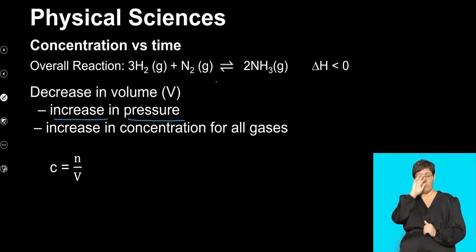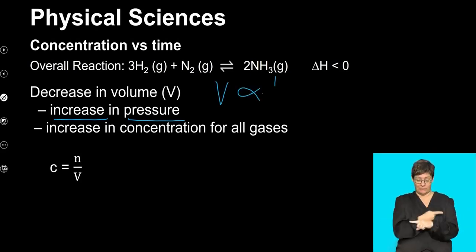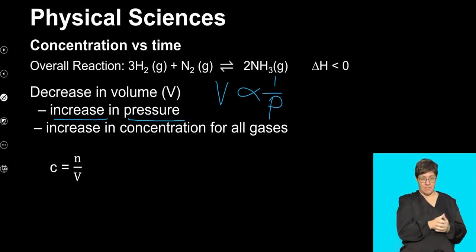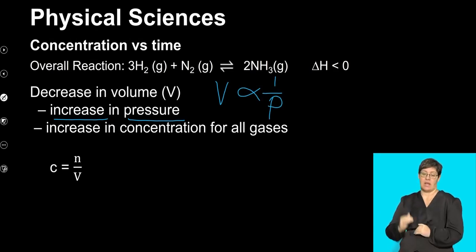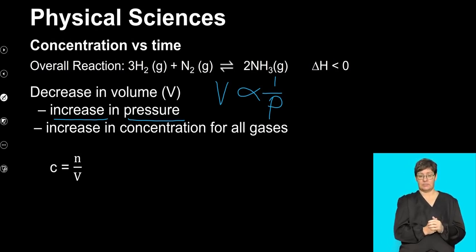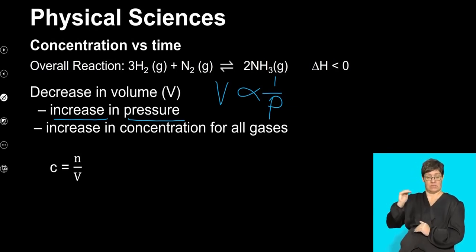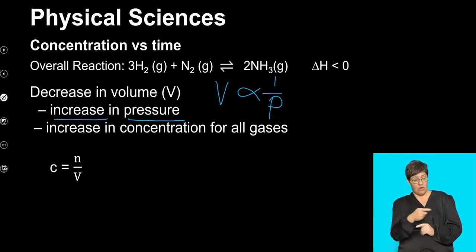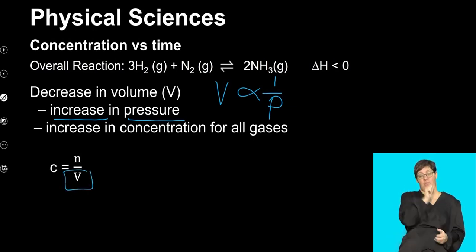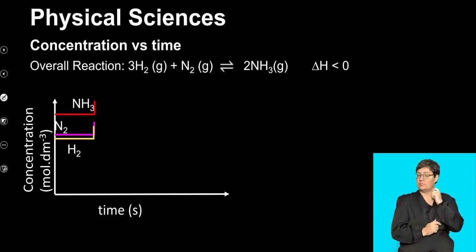Remember, volume is inversely proportional to pressure, or pressure is inversely proportional to volume. So the decrease in volume leads to an increase in pressure and the increase in concentration for all the gases. So whilst the volume was decreased, the pressure was increased, and the concentration of all the gases was increased for that specific volume.